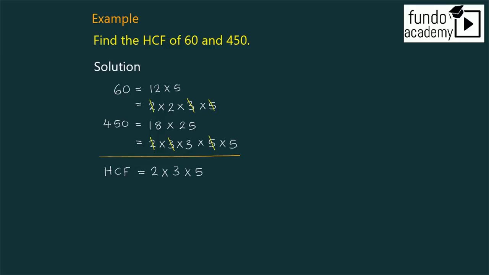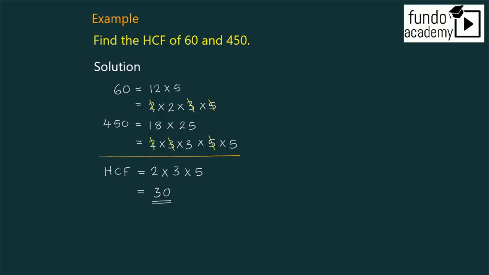So we simply simplify this and we get our solution as 30. So 30 is the highest common factor. That's simply how we can find the highest common factor for these two numbers.